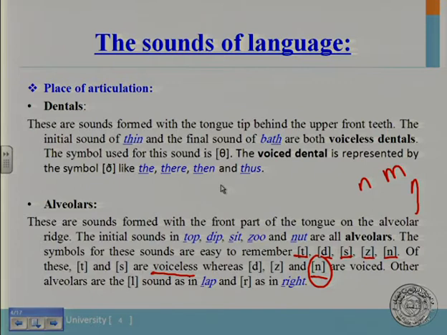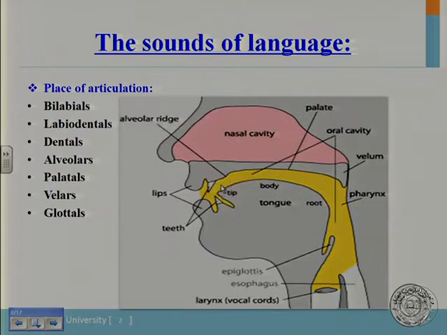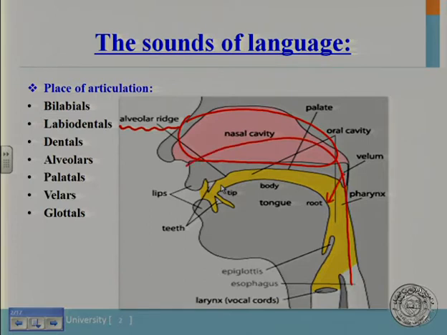Why? Because the nasal cavity is responsible. Here, this is the nasal cavity, where the airstream goes out through the nose. So the velum should move this side to open the nasal cavity, and the airstream goes out through it.